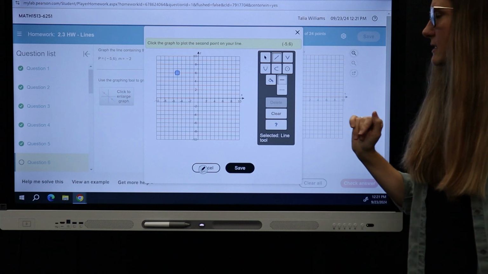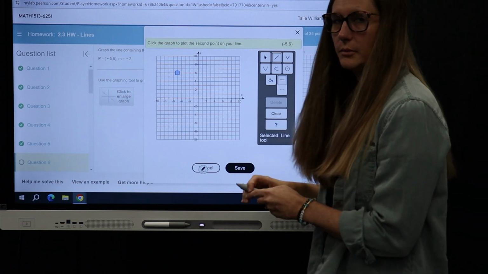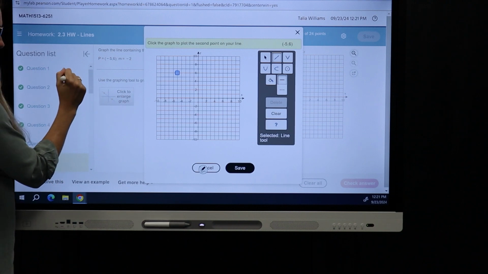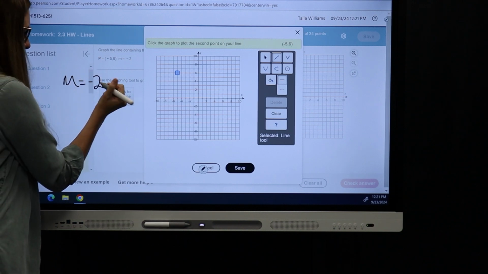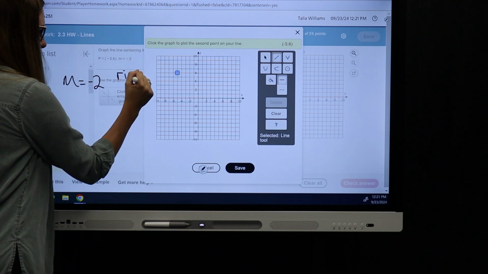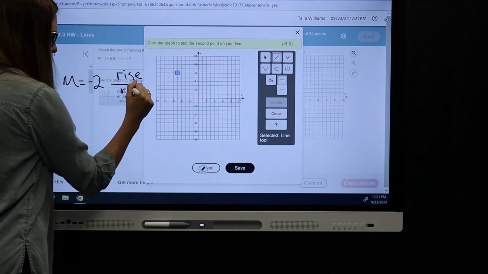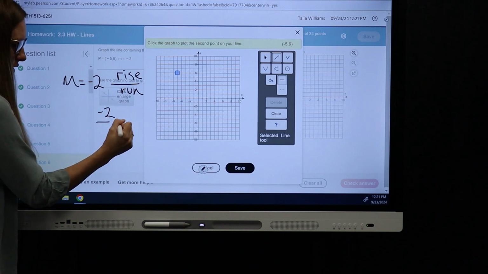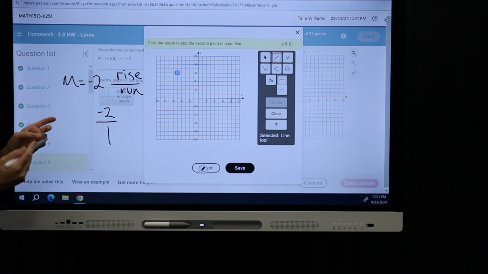Good. And then since our slope is -2, remember slope is rise over run. Since it's a -2, I'm going to write it -2 over 1. Always let the negative tell you if you're going up or down.